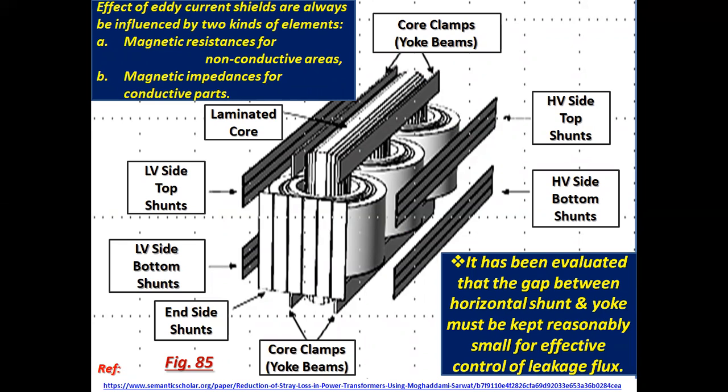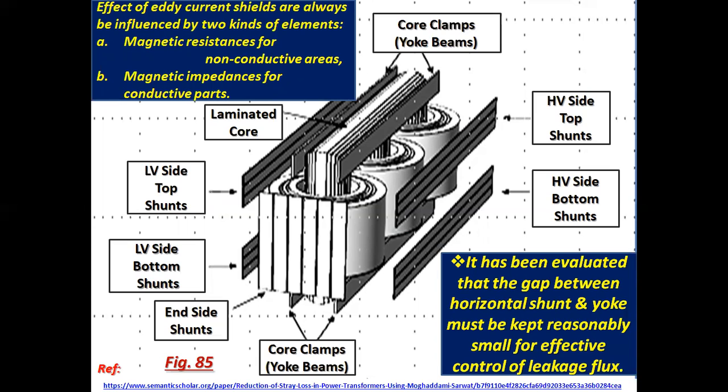HV side top shunts, laminated core, LV side top shunts, LV side bottom shunts, end shield, end side shunts, core clamps, yoke beams, HV side bottom shunts. Now see the point.